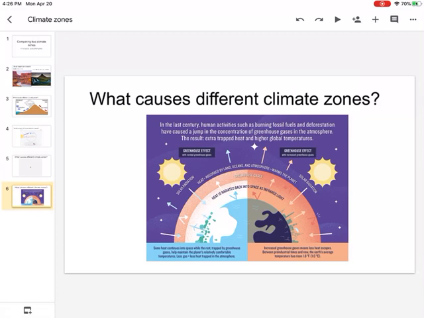So usually there's this layer of greenhouse gases around the earth that protects it from too much sunlight. If we have that layer of gases around the earth, it protects us from too much sunlight getting in. It lets in just the right amount for us to live.